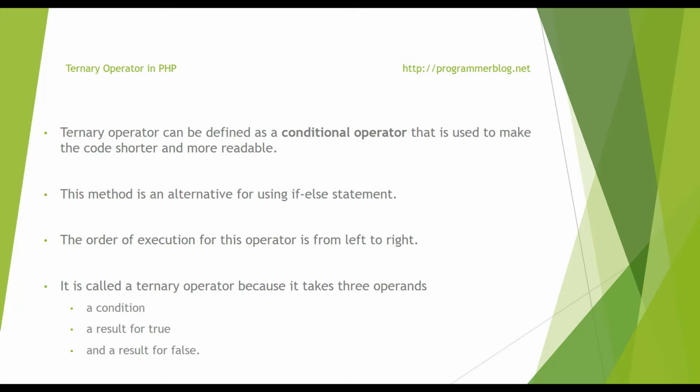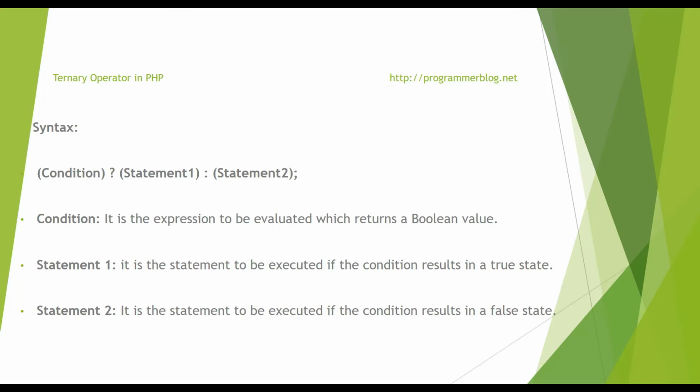It takes a condition, then a result for the true, if the condition evaluates to true, and a result for the false. The syntax for a ternary operator: we have a condition, then a question mark, a statement, a colon, and statement 2.